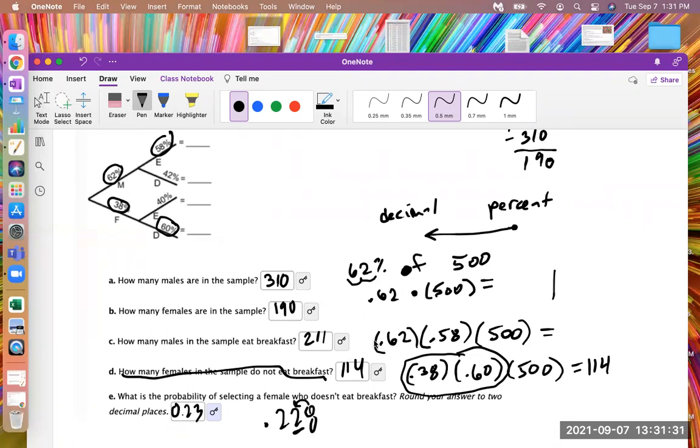This is why it's really good to double check yourself. So this should be 180. This program kind of lags behind. So how many males in the sample eat breakfast? I did the 0.62 times the 0.58 a second time and times 500. And the answer is 180 and not 211.